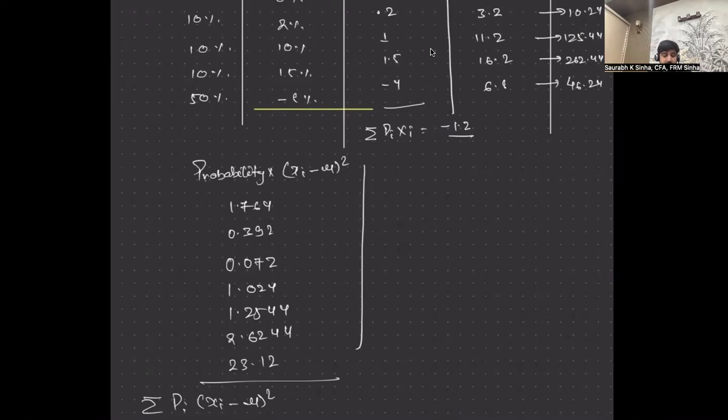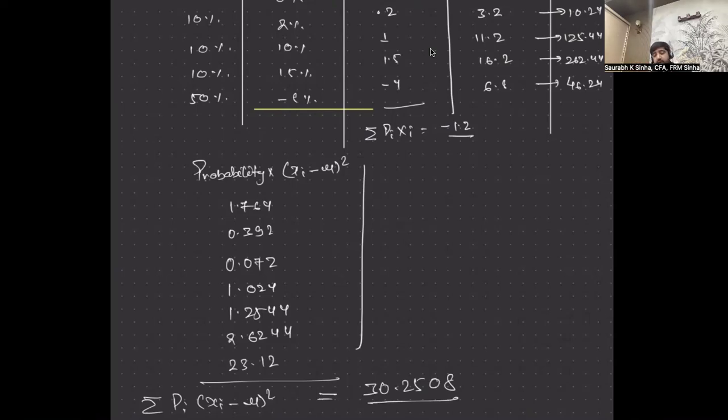Okay. So do it: 1.764 plus 0.392 plus 0.072 plus 1.024 plus 1.2544 plus 2.6244 plus 23.12. The summation is coming as 30.2508. And if I state it correctly, this is the variance.